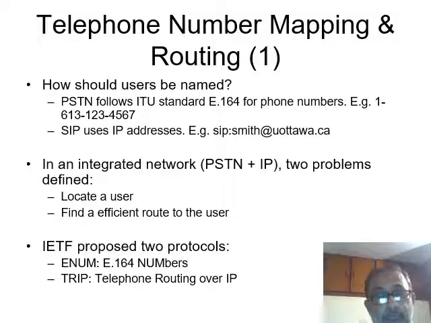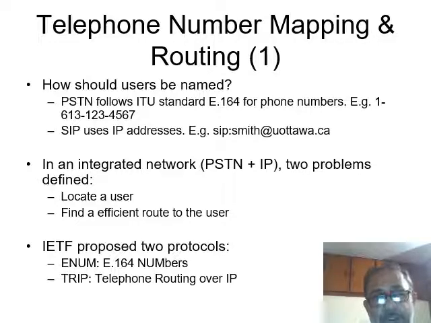Now, how do we have telephone numbers? We do have telephone numbers in voice over IP also, and similar to the PSTN system, different blocks of telephone numbers are allocated by the regulatory authority.